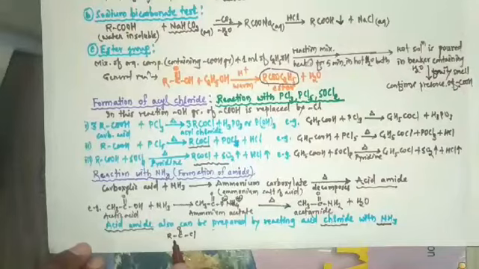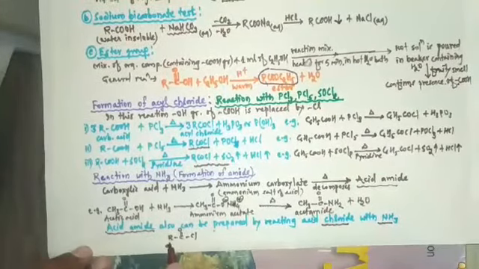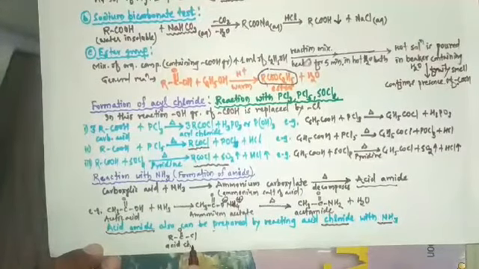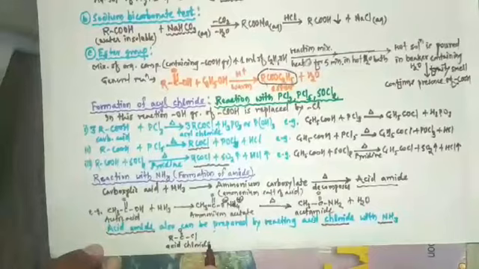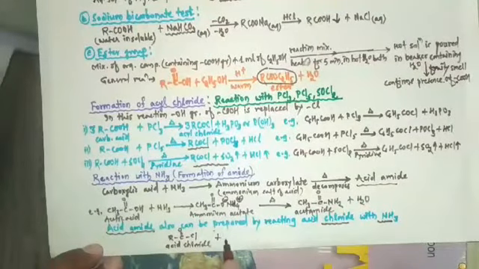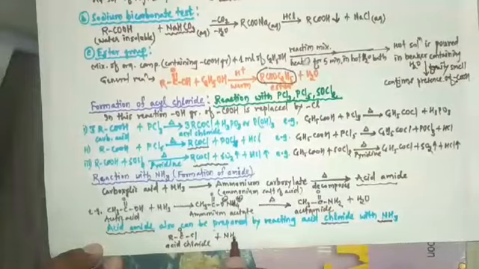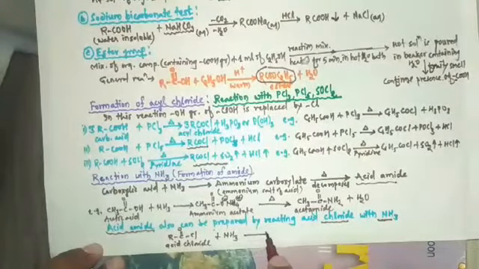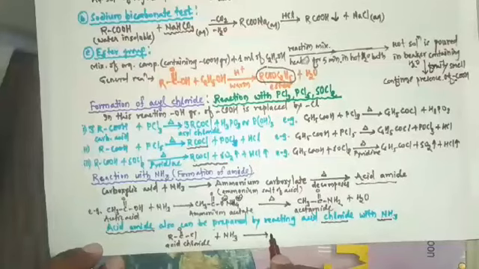So this is RCOCl, the acid chloride. Acid chloride on reacting with ammonia produces amide.